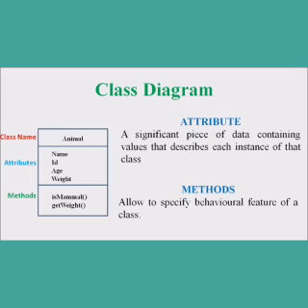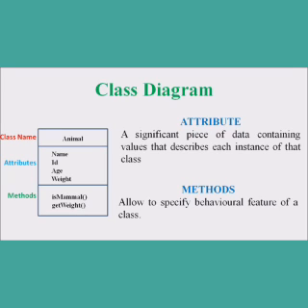Here, every animal has a particular name, age, weight, and a particular number or ID. So we are considering the attributes for this animal class as name, ID, age, and weight.